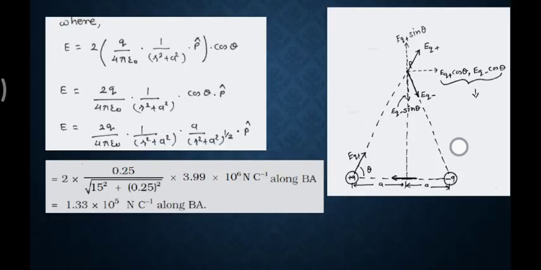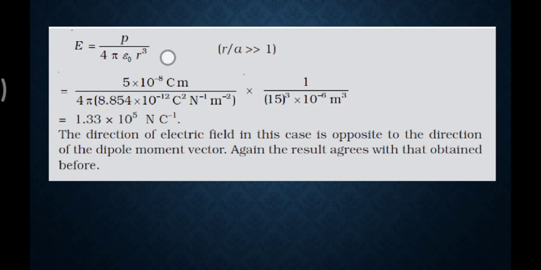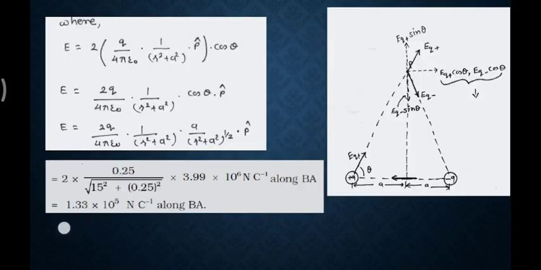What is P? Dipole moment, 2aq. Q we already found. Putting in the numbers, we get 1.33 times 10 to the power 5.